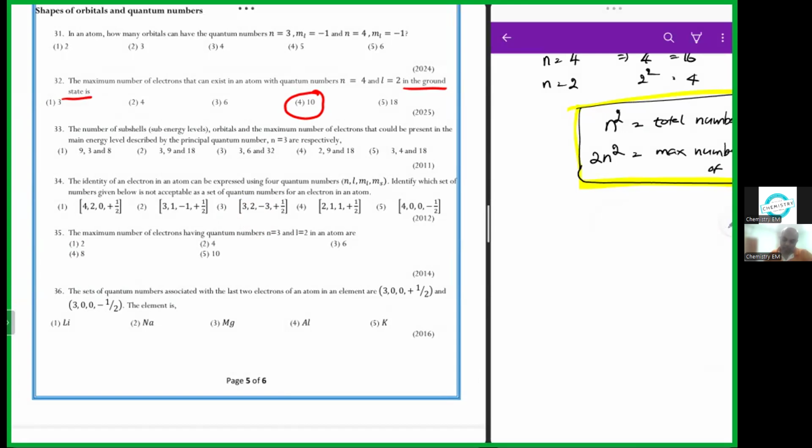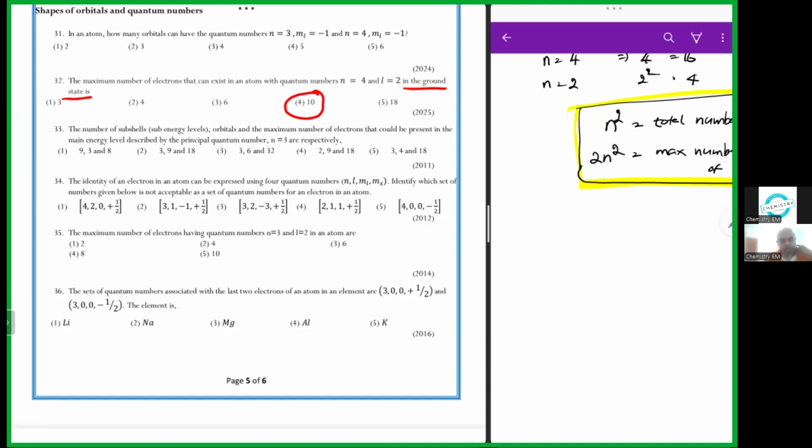This is the 2014 question, and check the 2025 question. Almost the same, right? In 2025, the question is in our tutorial 30, the 32nd question. n is equal to 4 and l is equal to 2.